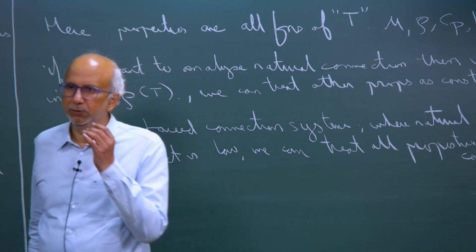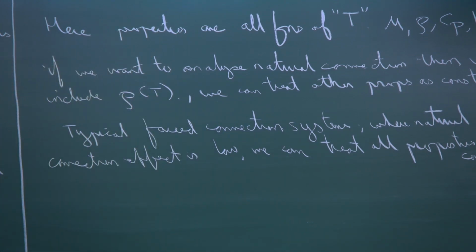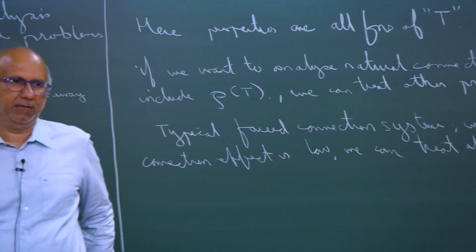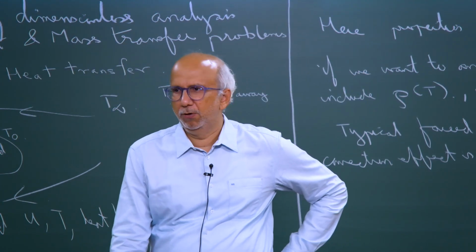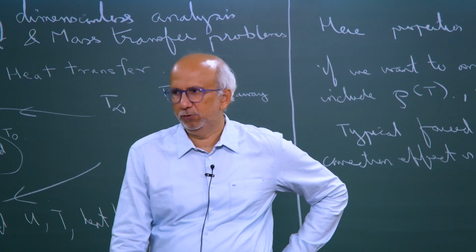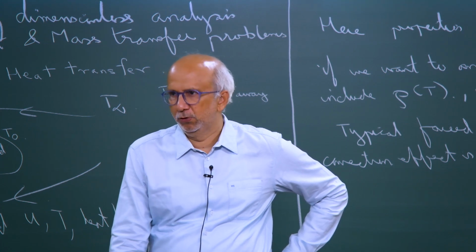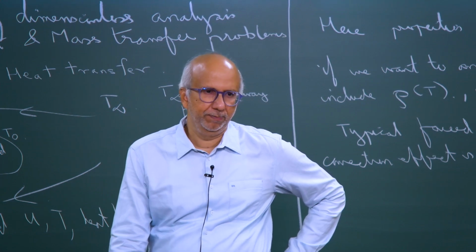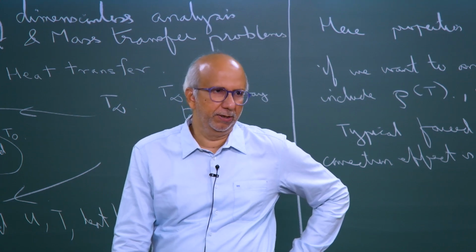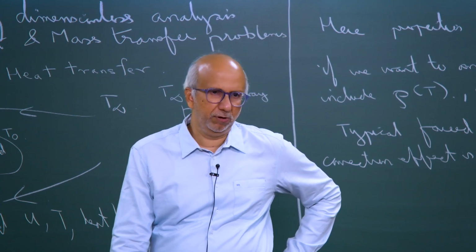Okay. So, that is something which you have to keep in mind. Of course, whether treating all properties as constant is a valid assumption or not, only after you do all the calculations and do the analysis you will be able to say if it was valid. Okay. But to begin with, maybe you can assume. So, this is typically what is done.